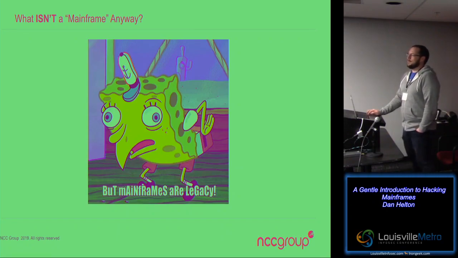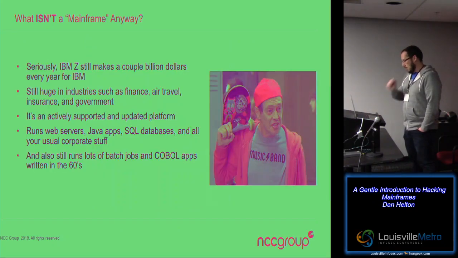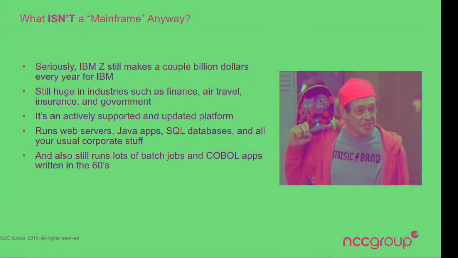A lot of people thought mainframes were going to die, but e-commerce saved them, and they are still with us today. Seriously, IBM still makes a couple billion dollars off these things every year. They're not going anywhere. They're still big in finance, air travel, insurance, government. They're still actively supported, actively maintained. They can even run modern stuff. They can run SQL. They can run web applications. They can do Java stuff.